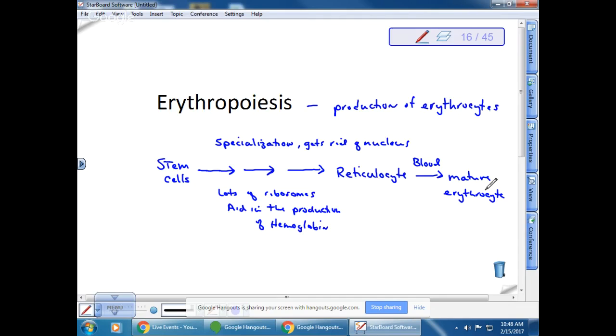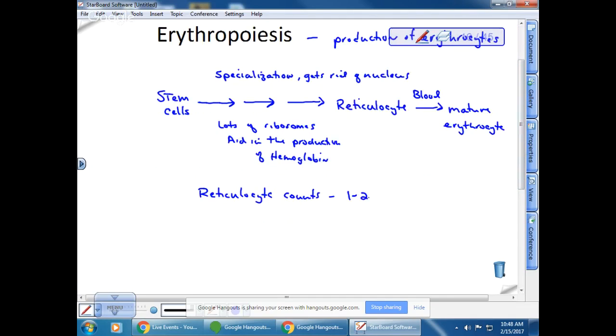Okay. So the reticulocytes are important because you can use them medicinally to determine if a person is producing enough red blood cells at high enough rates. So reticulocyte counts are used. This should be 1 to 2% of all red blood cells.